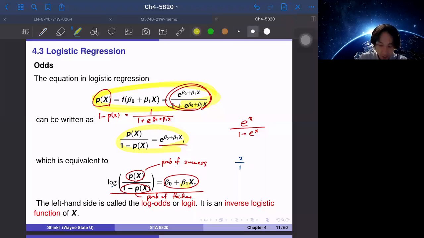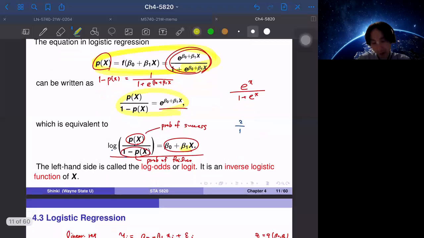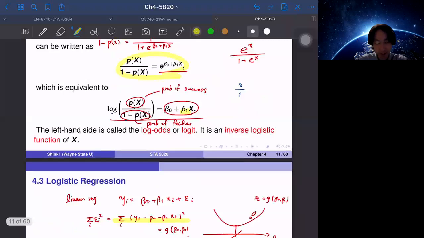But overall, the interpretation of beta 1 is not easy. The only sure thing is that if beta 1 is positive, then larger x means larger success probability. And if significantly positive, then x is a significant predictor. That is the same as linear regression, but the interpretation of beta 1 itself isn't really easy.